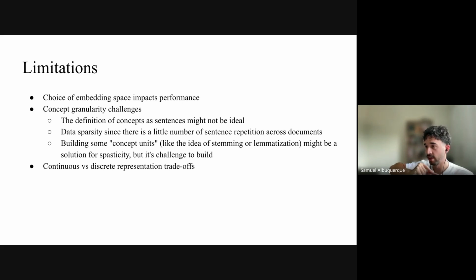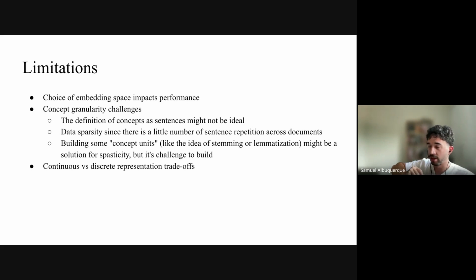And you also have data sparsity. Since there's a small number of repetitions of sentences, you have a lot of different possible sentences that you can encode, so this ended up being a problem. And they talked about building some concept units, like the idea of stemming and lemmatization, where you have variations of the same word depending on the conjugation or the past tense, but it's the same thing.